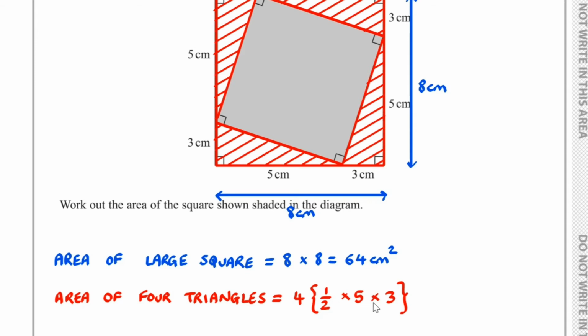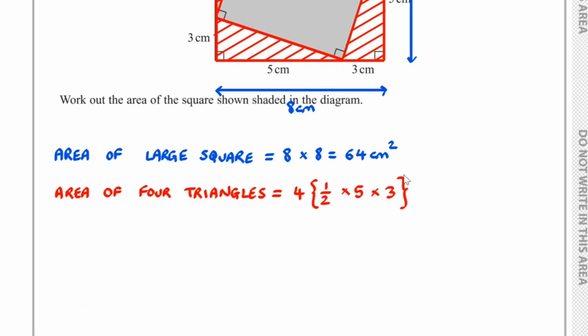So that's the same as 2 times 5 times 3, which is 30 centimeters squared. And so therefore, the shaded area, that's equal to 64 subtract 30, which is equal to 34 centimeters squared.